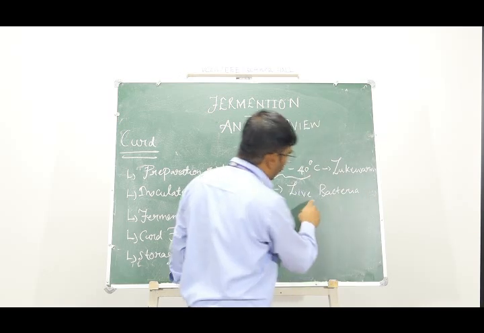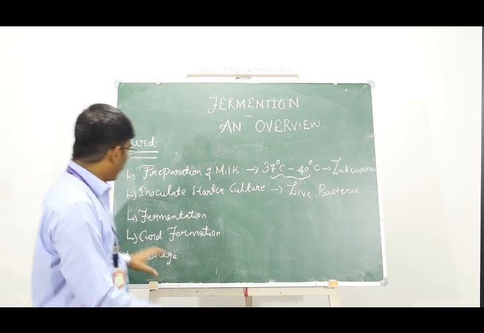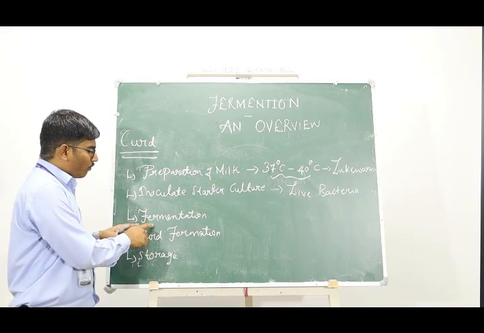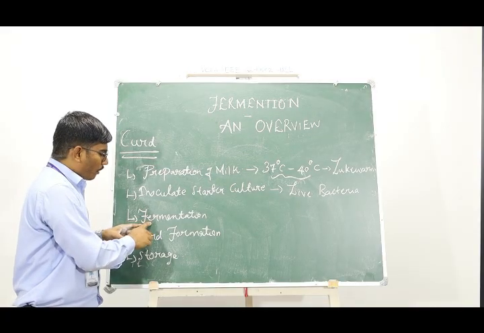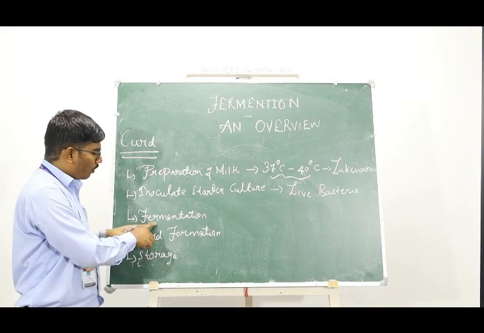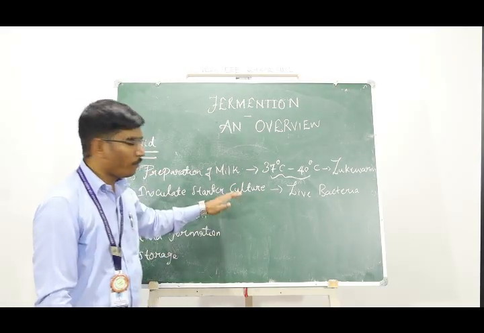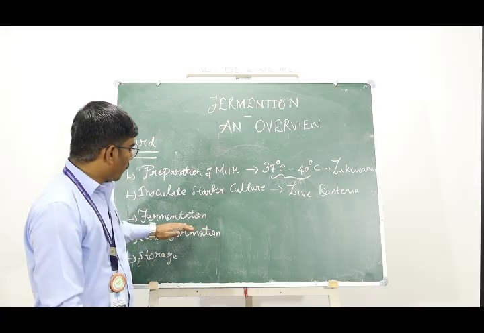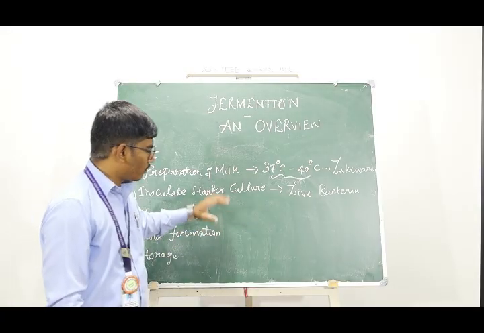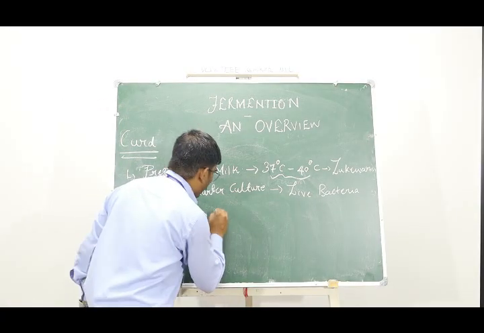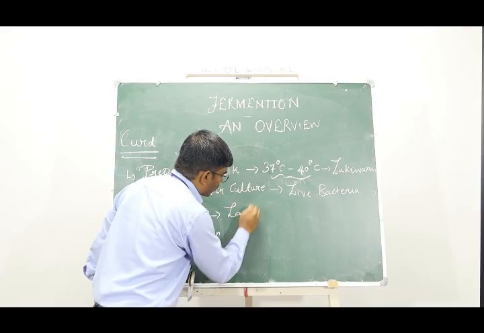Some of the bacteria is lactobacillus, and the third step is fermentation. During the fermentation we have to maintain the lukewarm condition, and only then will the milk be converted into curd. In the milk there is a sugar, lactose.